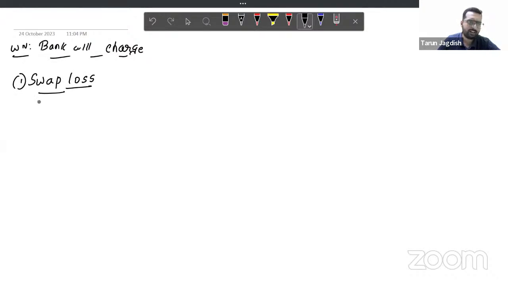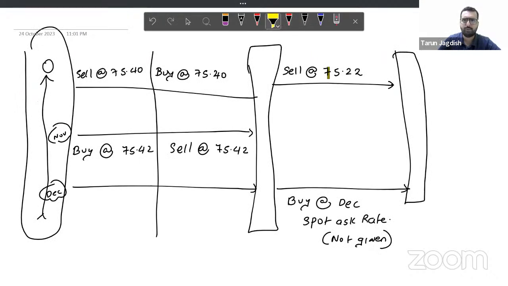So here what they are trying to say with the swap loss is that bank has entered into a transaction over here at what price? 75.22. Bank has sold at what price? 75.40 originally. That would have been okay. But now what has happened is over here, bank has sold at 75.42 early.